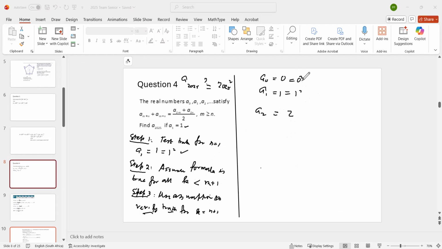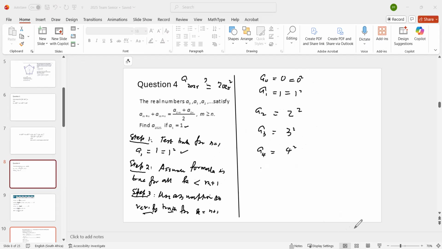Okay, now we know it's true for all these 3, therefore it's true for the next one. Now it's true for all these, therefore it's true for the next one. You see?